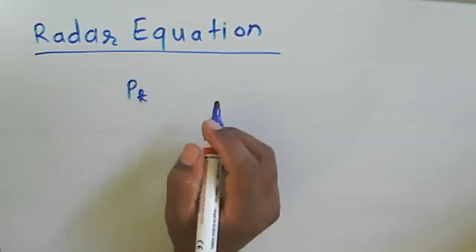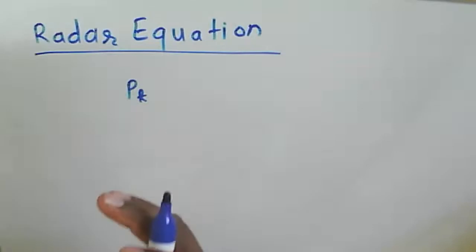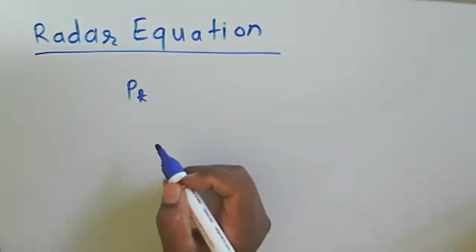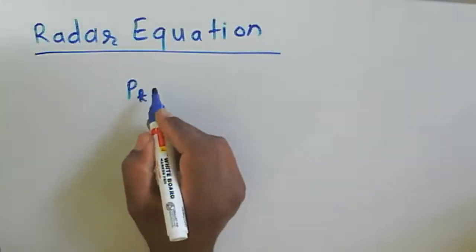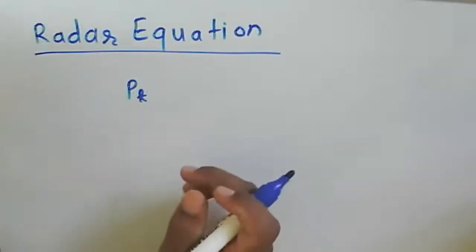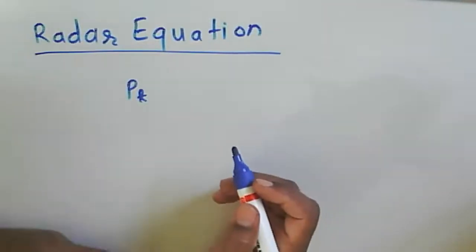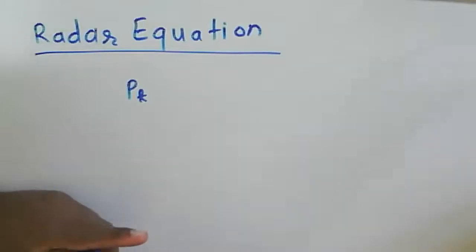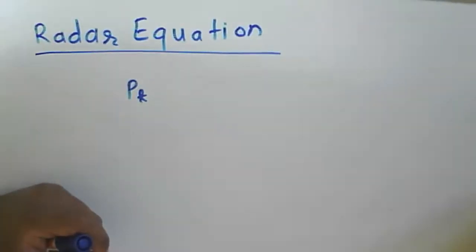what the range of the object will be. It means the distance of the object from the radar. That's why we need to know the transmitted power of the source, or the radar here. To understand the radar range equation, we are supposed to consider that a given particular antenna is radiating the signal.